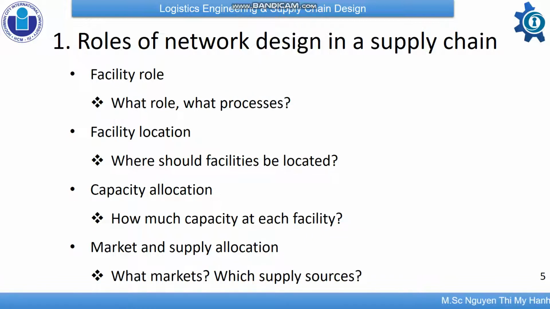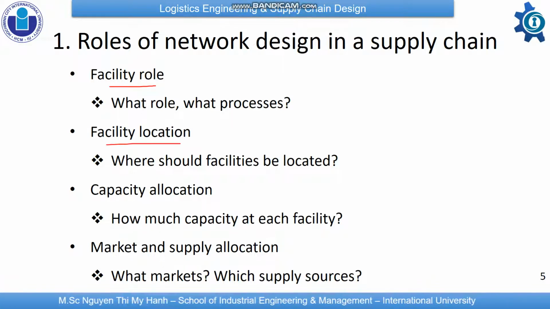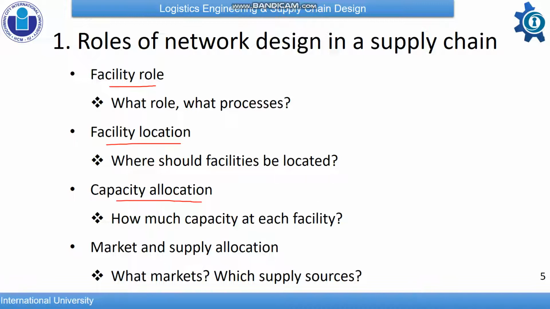Supply chain network design decisions can be classified into facility role, facility location, capacity allocation, and market and supply allocation. In facility role, we answer the question: what role should each facility play?